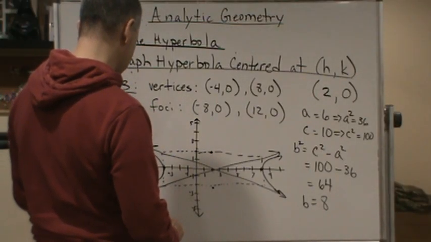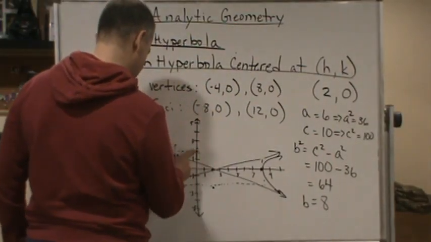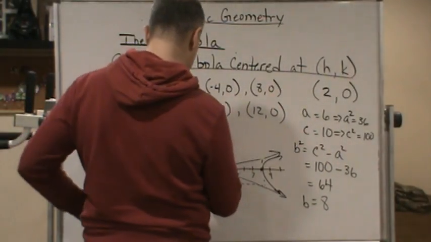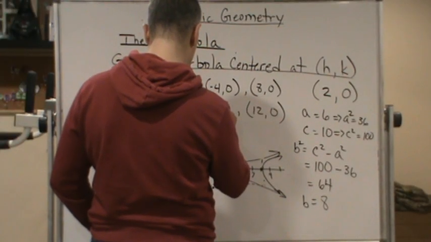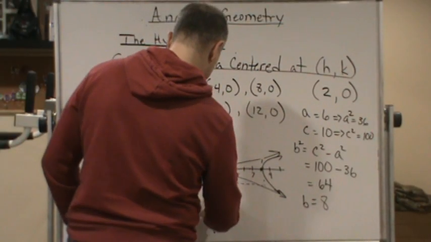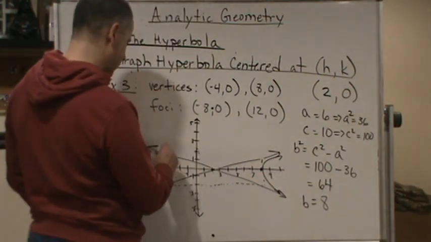Okay, so that changes things a little bit. Sorry about that. So that means b is going to be up here at 8, up here somewhere, and this is going to be way down here somewhere, and that's going to change our box.